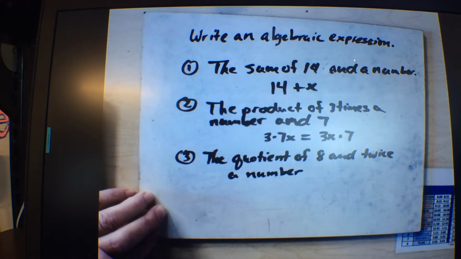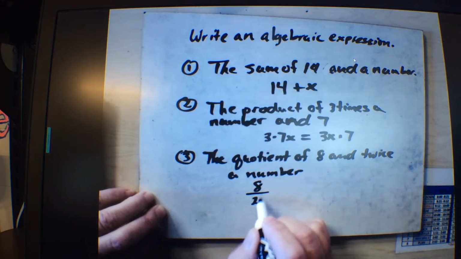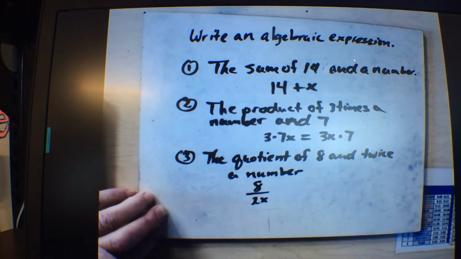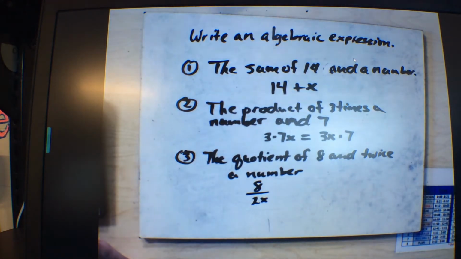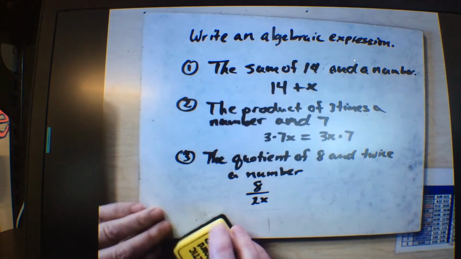We got to do better than this. Ashley? 8 divided by 2x. Okay? I prefer this way and not the elementary. Tater, do you understand that? Yeah. You need to learn those. All right. So that's write an algebraic expression.